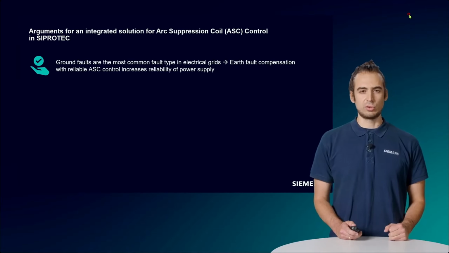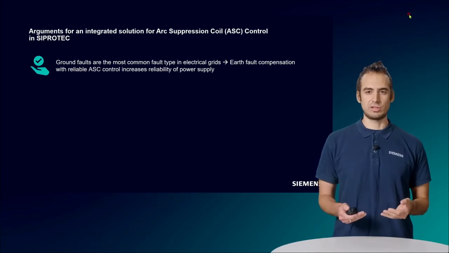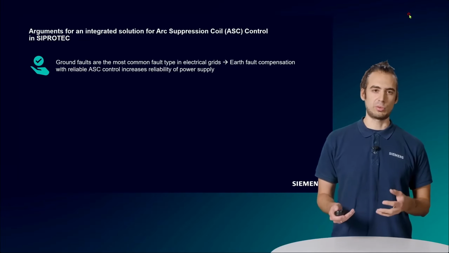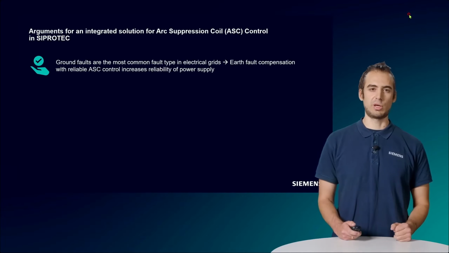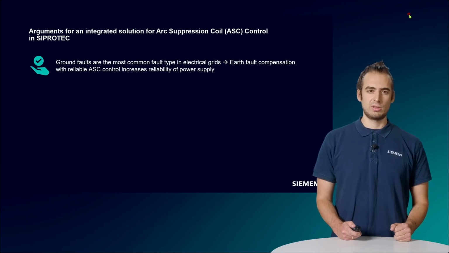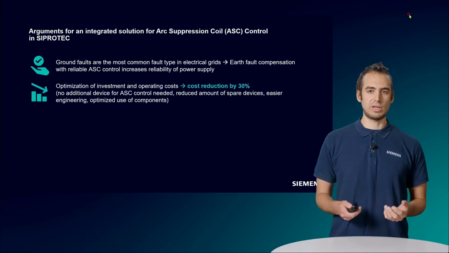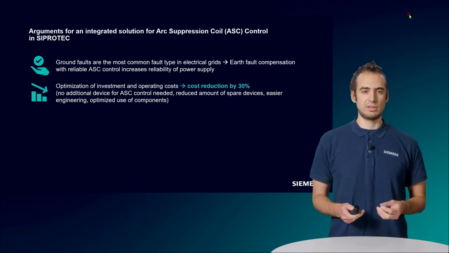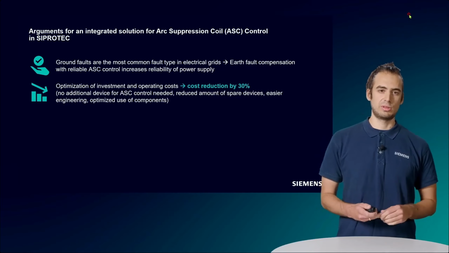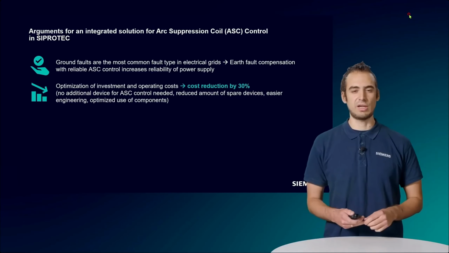And it's of course good if we can support such a function in SIPROTEC to help grid operators increase the reliability of power supply. And then the integrated solution we have in SIPROTEC comes with some specific advantages.